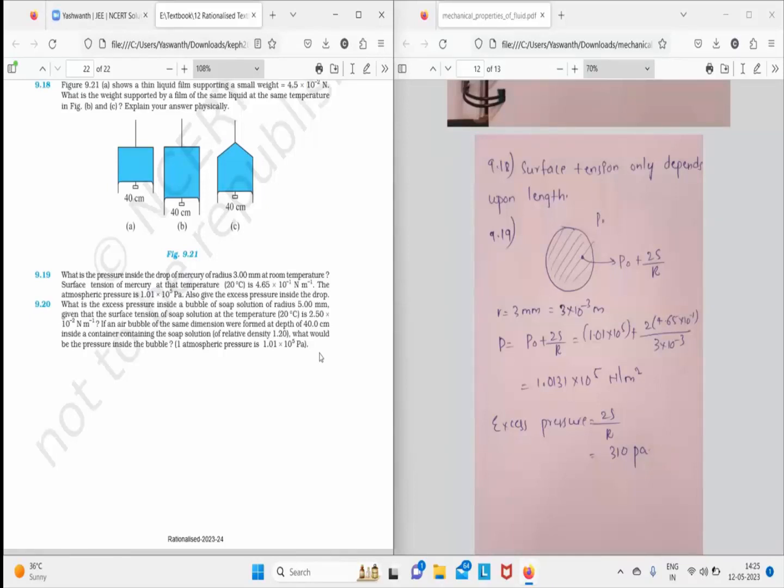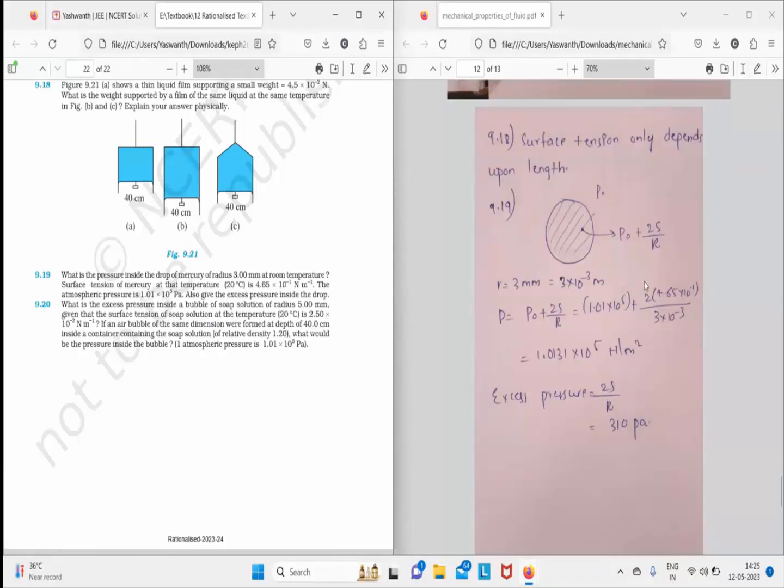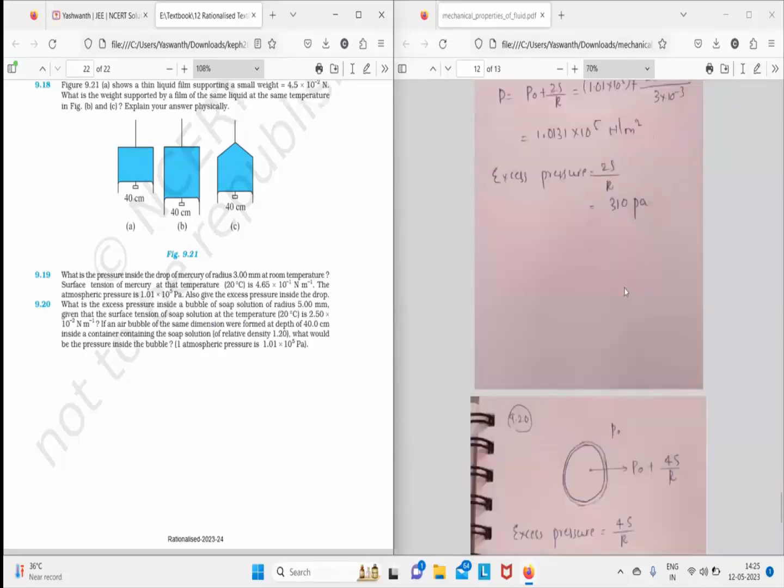So we have a mercury drop of radius 3 millimeter. What is being asked is, what is the excess pressure present inside the mercury drop? We have a formula that inside a solid sphere, meaning the entire sphere contains material, the excess pressure would be 2S by R, which can be directly calculated from the values given. A little direct question. So the next question will be a little logical.